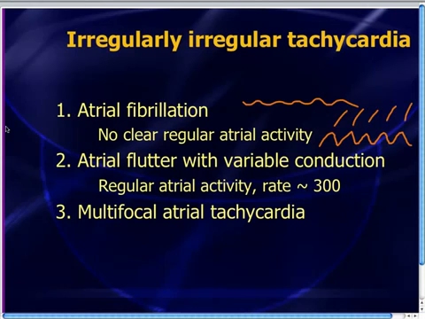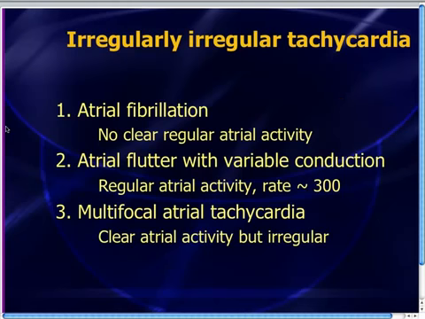And the third possibility for an irregularly irregular tachycardia is multifocal atrial tachycardia, MAT. This usually occurs in pulmonary patients: theophylline toxicity, COPD, bad asthma, pulmonary hypertension, people with some type of lung stuff going on. And as you recall, this patient did have an acute asthma exacerbation.